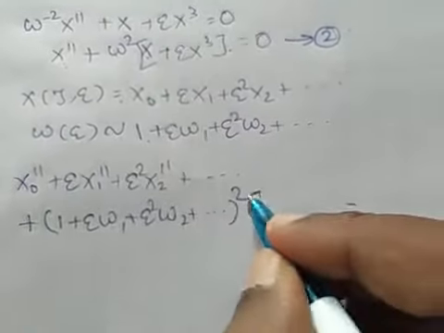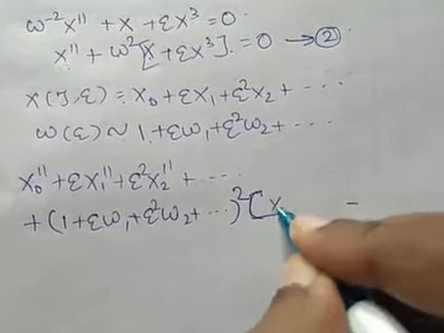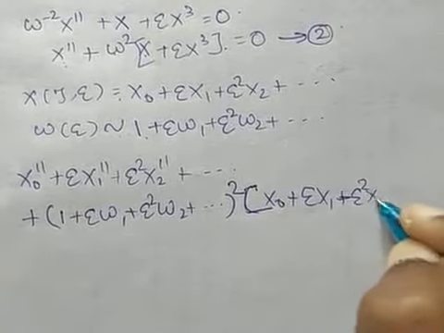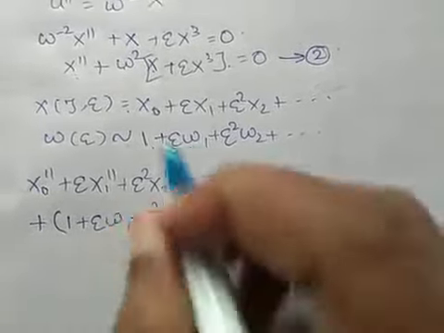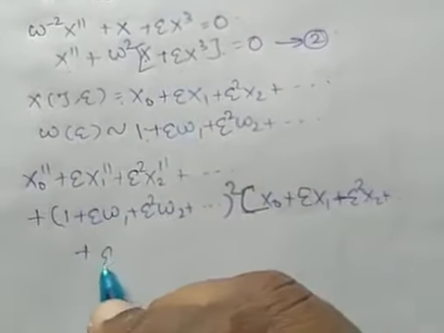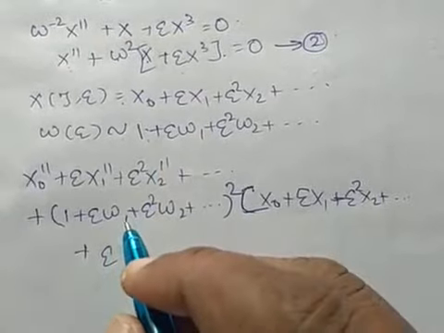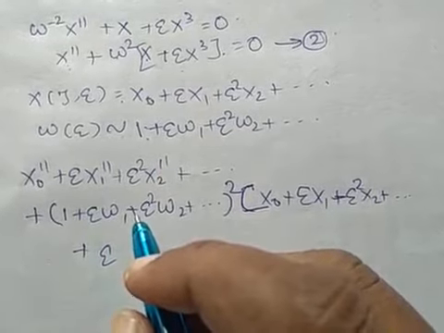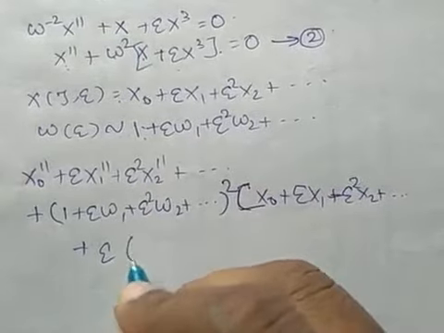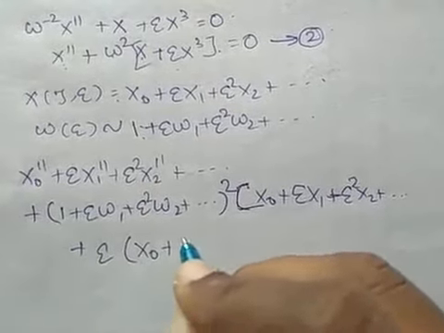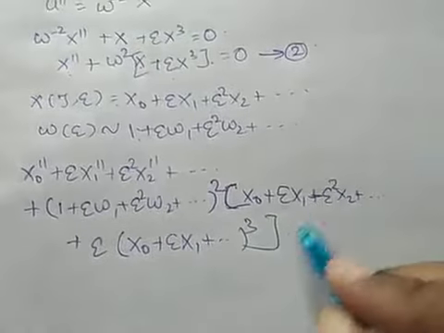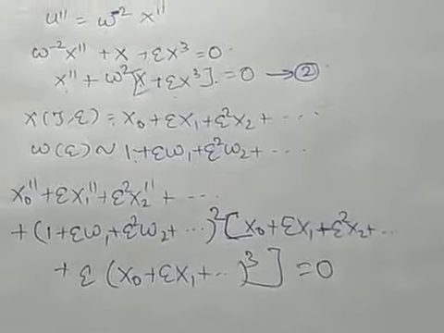What is x? x naught plus epsilon x1 plus epsilon square x2 plus etc., plus epsilon into x cube. So x cube is x naught plus epsilon x1 plus etc., whole cube, is equal to 0. So this is our equation.